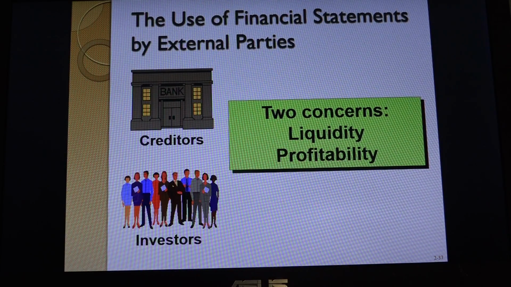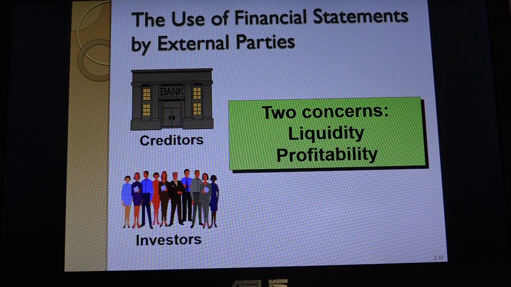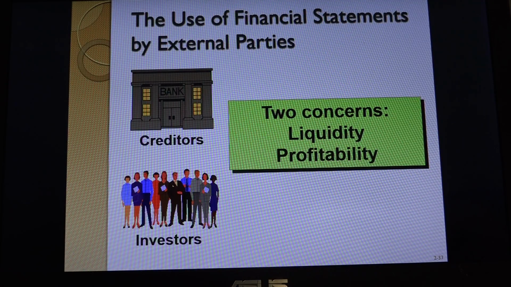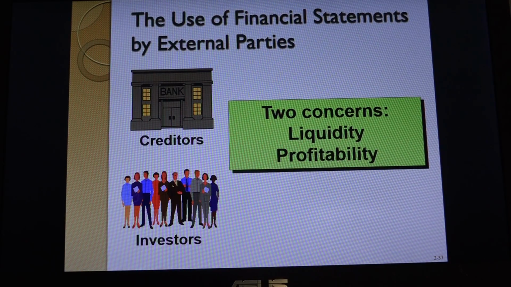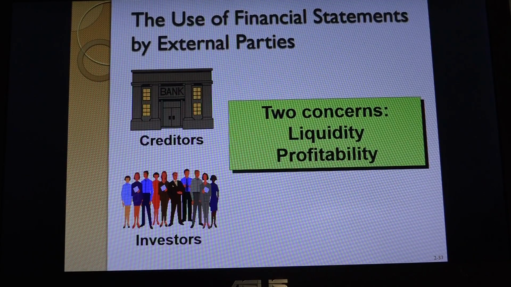Now remember, your primary external users are creditors, banks, suppliers, those sorts, and investors. They have different concerns. Creditors want to find out, to a certain extent, and it kind of depends on the type of creditor, are you a long-term or short-term creditor, they want to see how liquid you are.